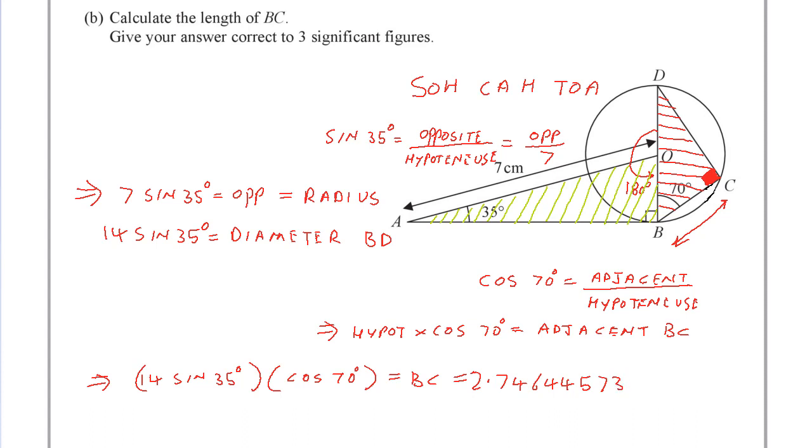To finish off, we are asked to give the answer to 3 significant figures. This is the most significant, then this, so we look at the fourth. If it is 5 or larger, which it is, we round this 4 up to a 5. So we get 2.75 to 3 significant figures.